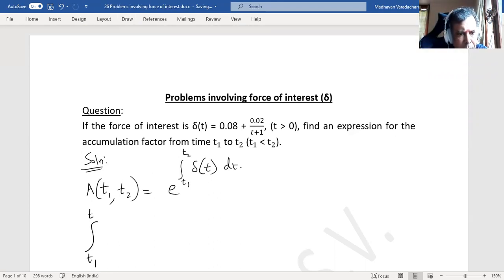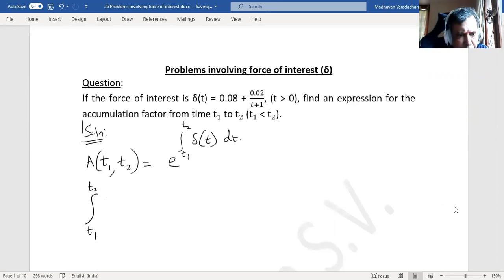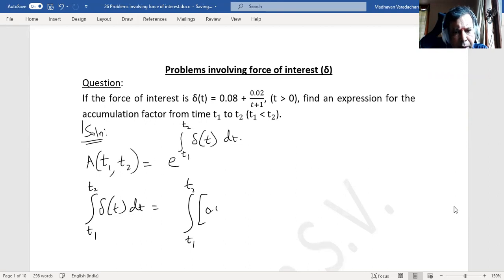The integral from t1 to t2 of delta of t dt, with delta of t expressed as given in the question, is equal to the integral from t1 to t2 of 0.08 plus 0.02 divided by t plus 1, dt.